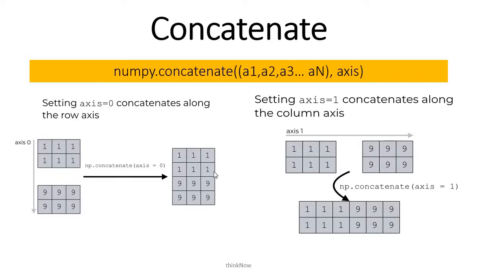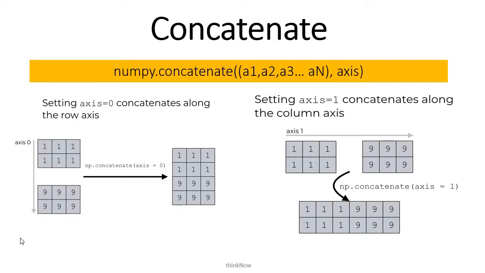One can be concatenation along rows and the other can be concatenation along columns. The syntax of NumPy concatenate is as follows. First, we write the method name concatenate and then we provide all the arrays that are to be concatenated in a bracket, and then we provide the axis along which the concatenation has to be done.